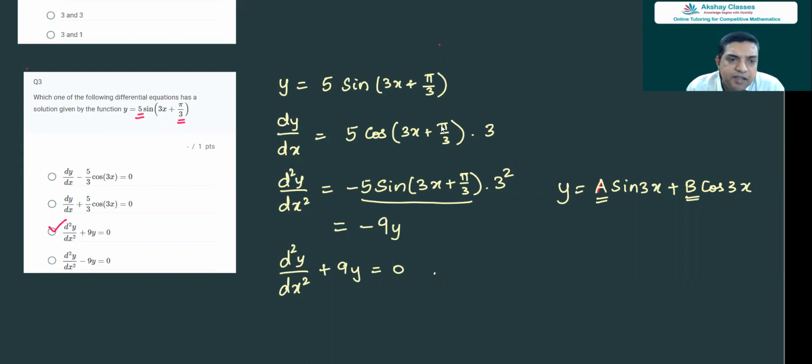Now, when you expand this, you will get a cos 3x term and a sin 3x term. However, here it is only cos 3x term. So these two are wrong. So this is correct. In fact, if you remember the simple harmonic motion equation, this is the differential equation of simple harmonic motion, and this is the solution to the displacement of the simple harmonic motion.